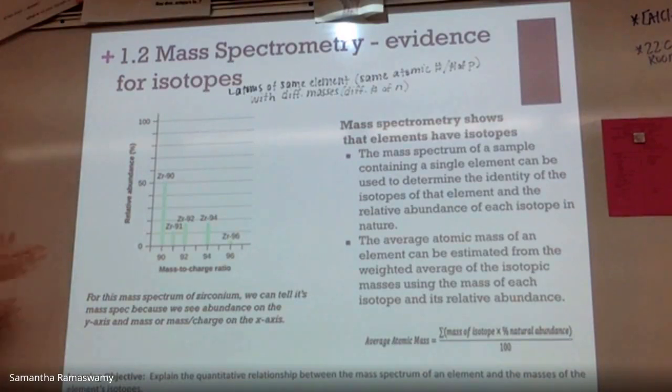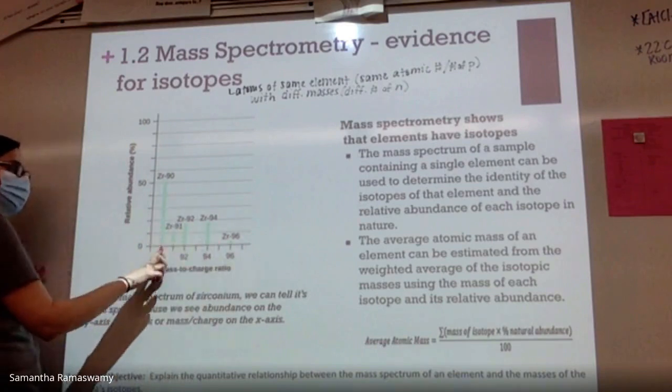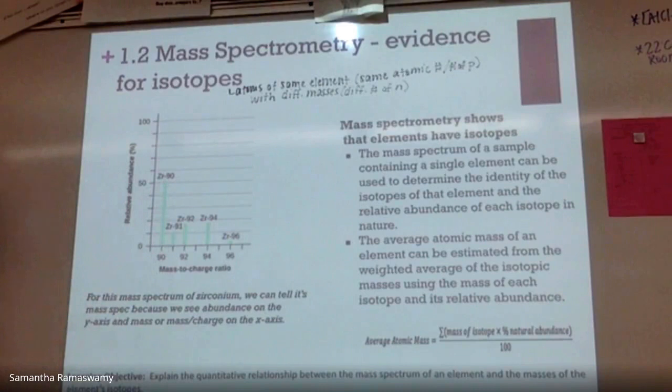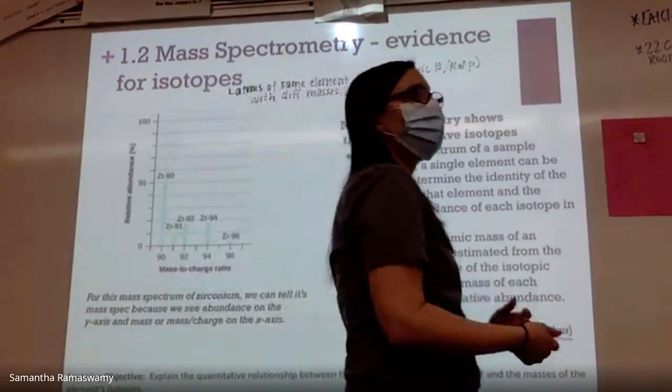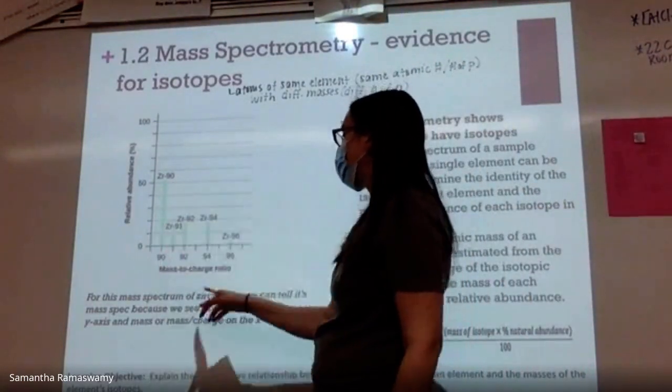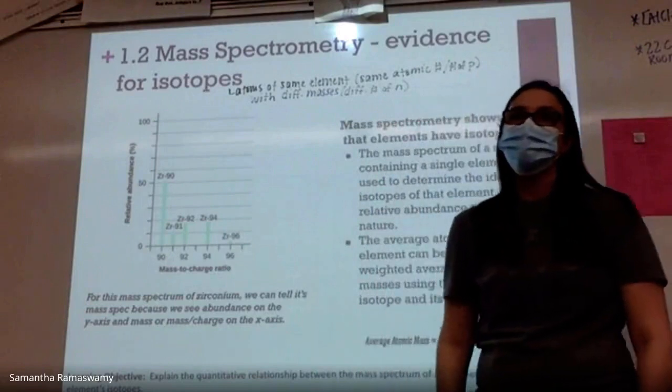So zirconium has 5 different isotopes, and we can see that zirconium-90 makes up a little bit more than 50% of all of the isotopes that exist. Which means if it asks us a question about what is the average atomic mass, we know that it's probably going to be closer to 90 than 96.